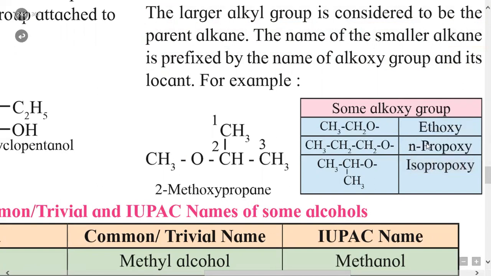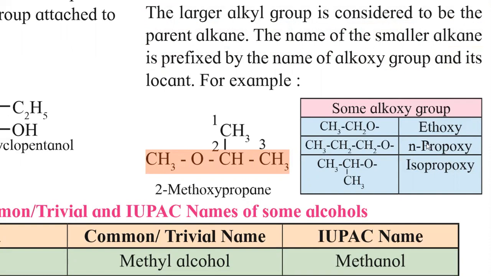Similarly, here I will add one example. It is CH3O, so it is named methoxy. Here one more example is given: CH3O, CH, CH3 and CH3. Here the large alkyl group is a propane part, where the carbons are numbered 1, 2 and 3.